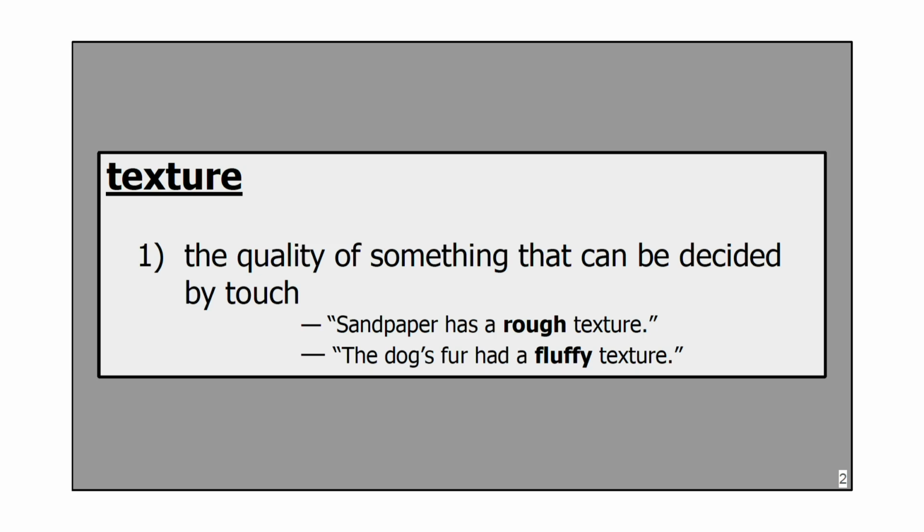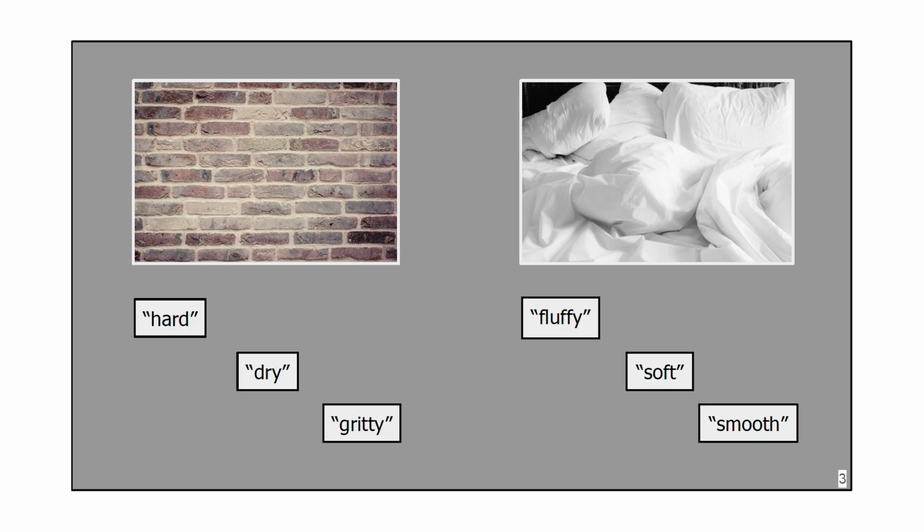The same logic applies for the second image. Because you've probably experienced the feeling of sheets and pillows, you can look at the image on the right and expect, even though you can't actually feel them, that the surface is fluffy, soft, and smooth.